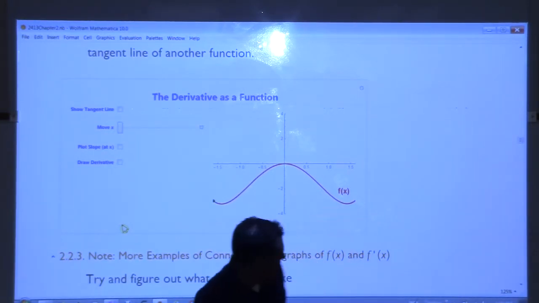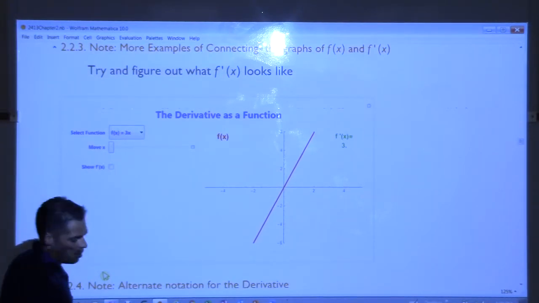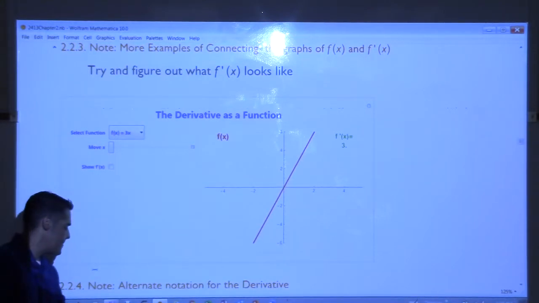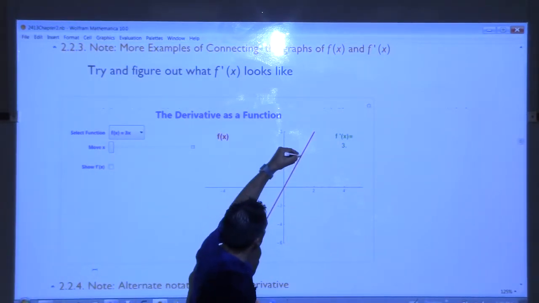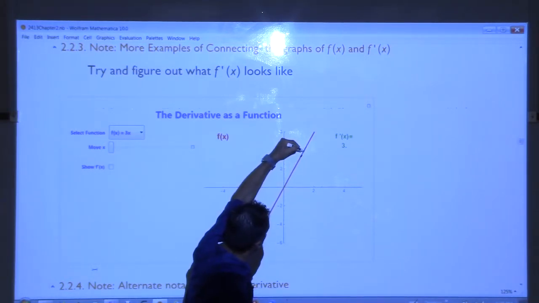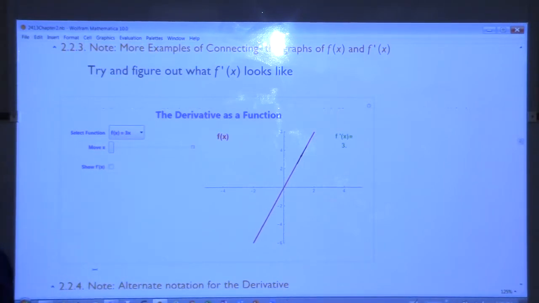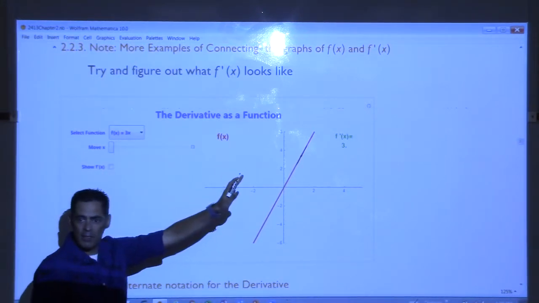Let me see if this next one. All right. So what about that one right there? That's a line, right? What does its derivative look like? If I go to some arbitrary point on this function right here, the slope of that would be something, right? Would it be positive or negative? Positive. Let's say, I don't know, like positive 3 maybe. I kind of gave it away, but the slope of that line is 3.